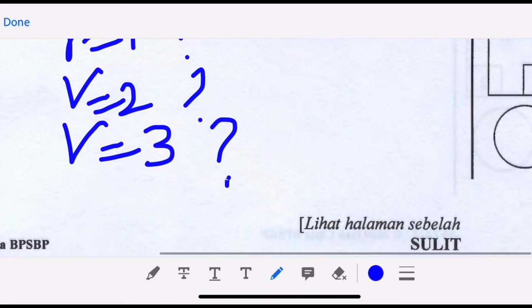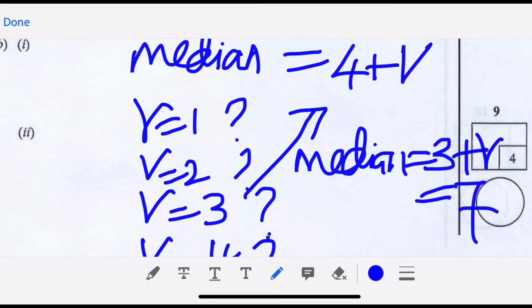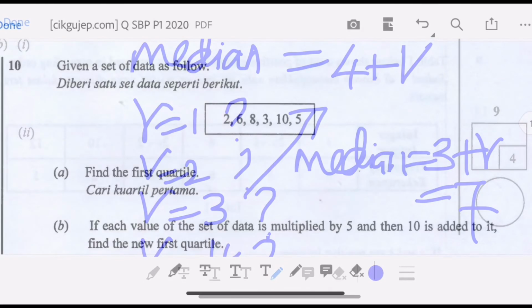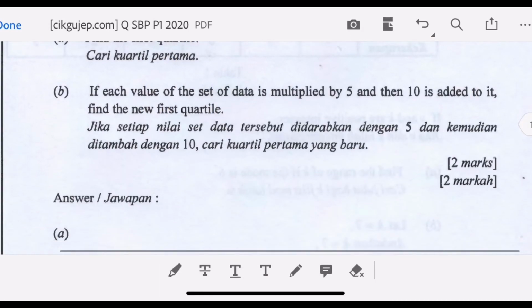If 1, it seems not possible because the data is not in order. If v equals 2, also not possible. So you plug in v equal to 3, and you notice that it's logically right. So we choose v is 3, so our median is 3 plus 4, which is 7. Okay, so this is the statistics.